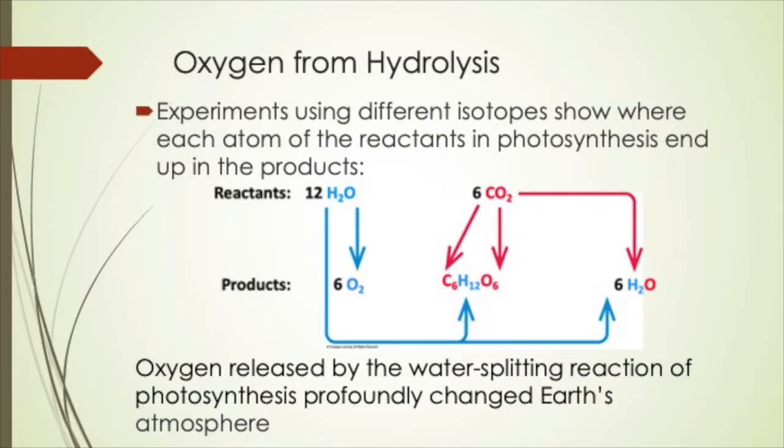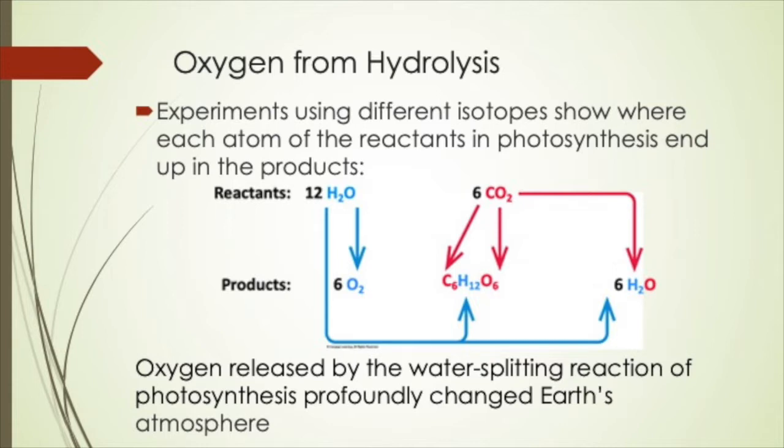The NADP goes off, gets more H's, but it's added to CO2 to make sugars. That's fixed, right? And that's basically making sugars for more energy to be put into cellular respiration. All right, so we have CO2 plus H plus electrons goes into that sugar molecule. So we have oxygen from hydrolysis.